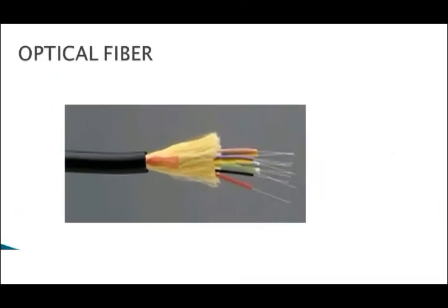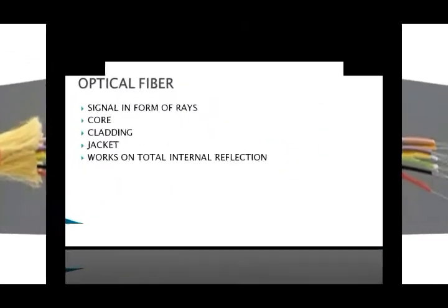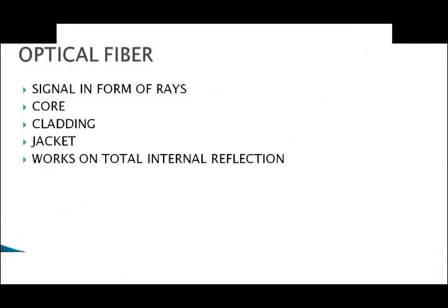Optical fiber looks like this. Optical fiber. In this, signals travel in the form of rays. It has one core, it has a cladding in its outer face, and above that there is a jacket. These all things you can see in the figure given.